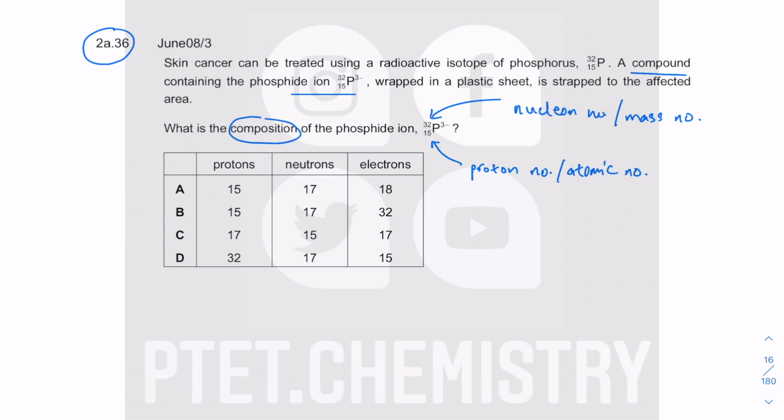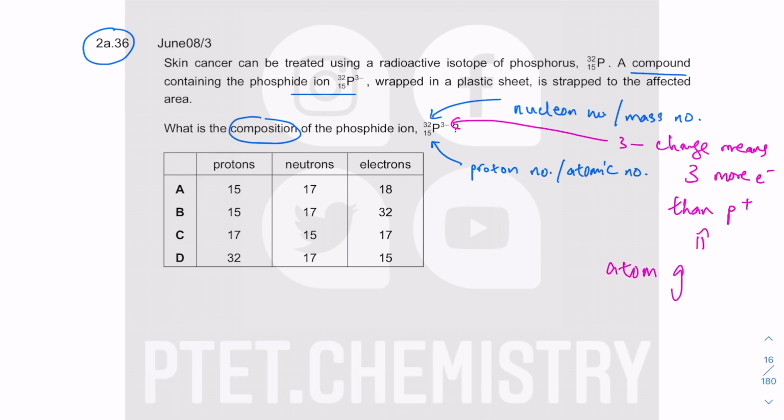All right, you have a 3 minus charge, so 3 minus charge means 3 more electrons than protons. That is a result of the atom gaining 3 electrons.